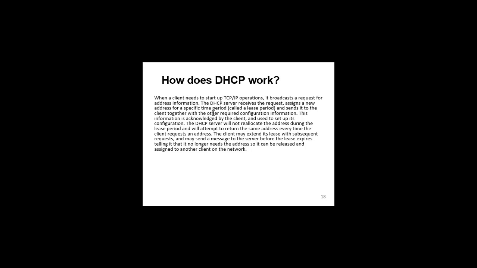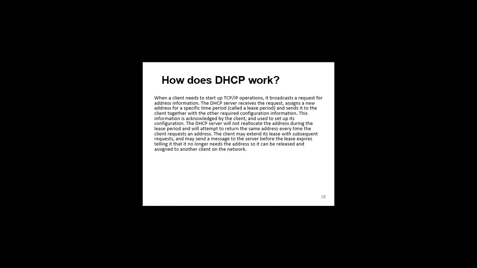The server sends the address back to the client together with the other required configuration information, and this information is acknowledged by the client and then used to set up its configuration. The DHCP server will not reallocate the same address during the lease period and will attempt to return the same address every time the client requests an address.